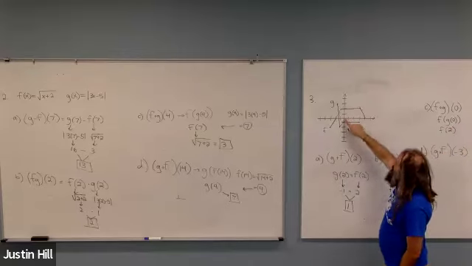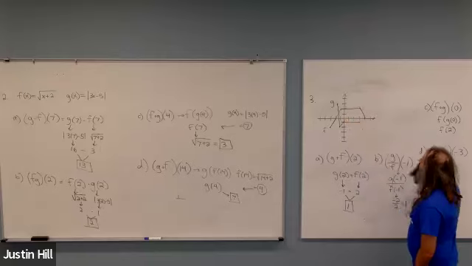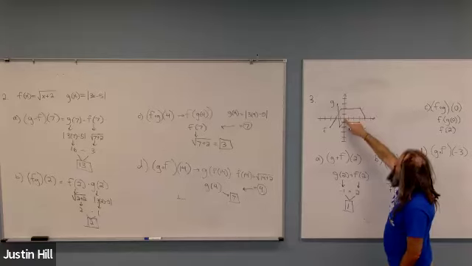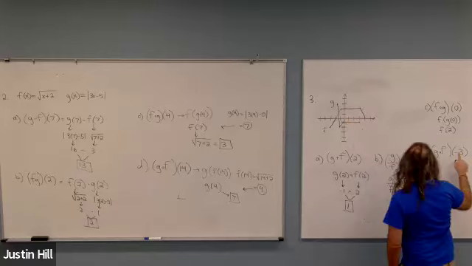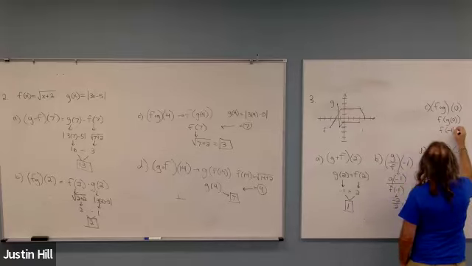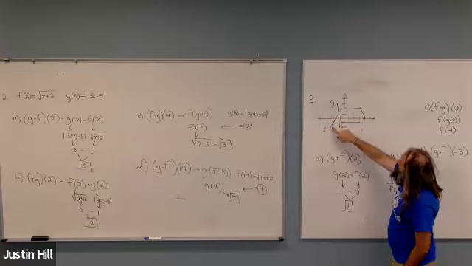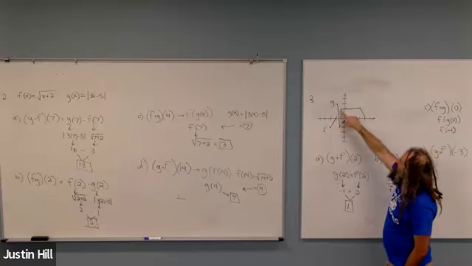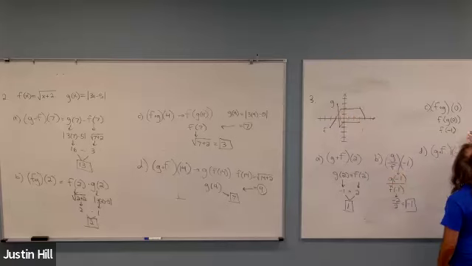Actually, no, sorry, F of 0 is 2. What is G of 0? -1. That is -1. And then now let's go to F. What is F of -2?